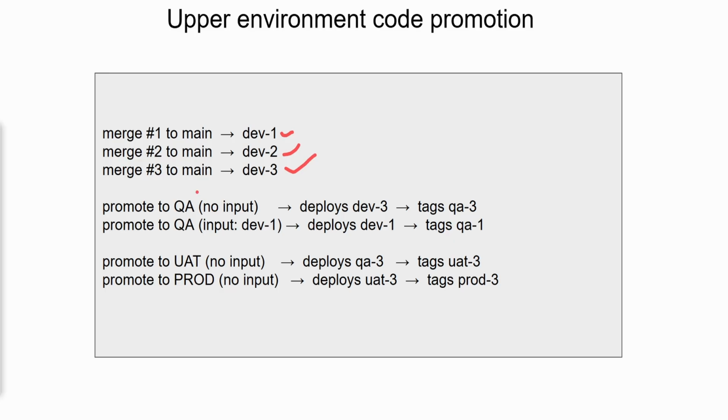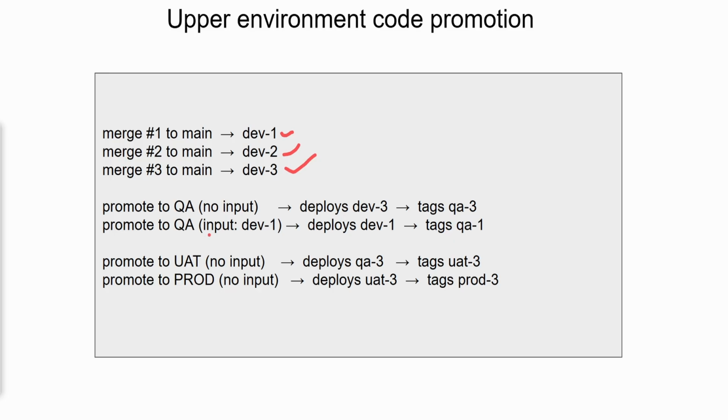Next, we have a separate pipeline to promote to upper environments like QA, UAT, and prod. For example, QA is always dependent on dev. In the pipeline, we will have an option. We can give a specific version, a specific tag there.